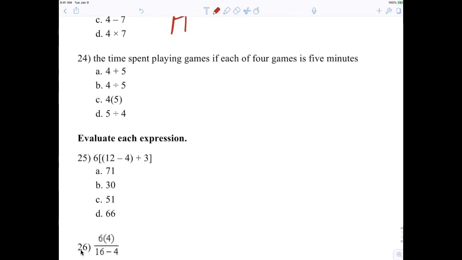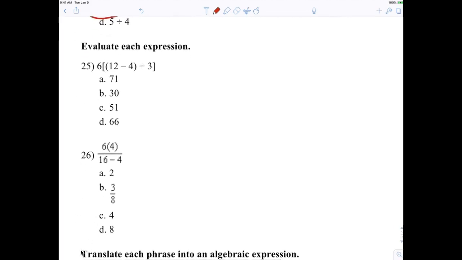The time spent playing games of each of 4 games is 5 minutes. Tell me. 4 times 5. Very good. And now, some good mental math here. Tell me. The answer is B.